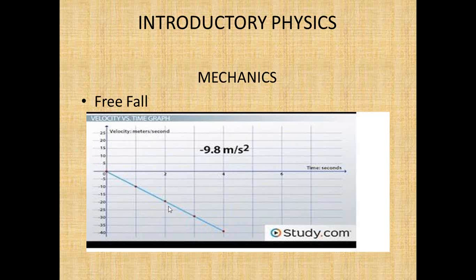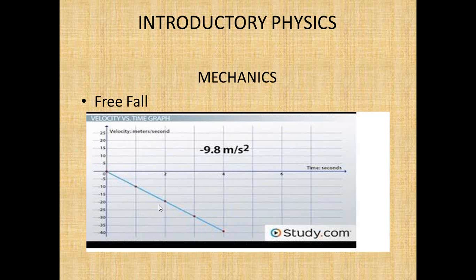Remember, the slope of the velocity time graph is the acceleration. So if you were to calculate the slope of this, you're going to get negative 9.8 meters per second per second, because it's sloping in this direction.